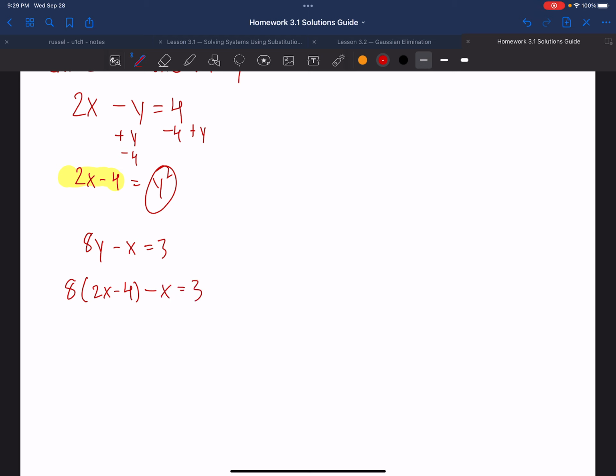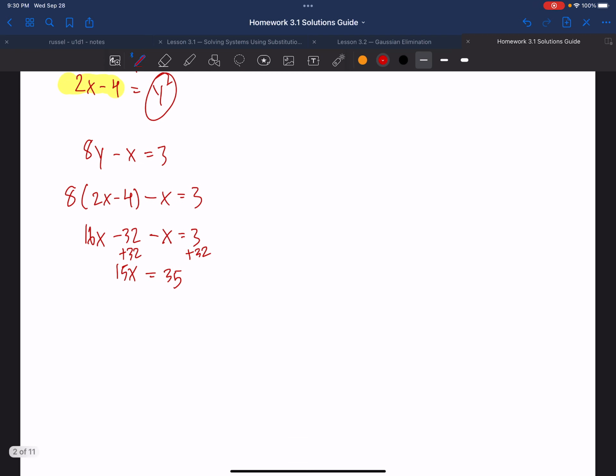Let's distribute that. 8 times 2x is 16x. 8 times negative 4 is negative 32. Minus x equals 3. I'll do some algebra 1 here. 16x minus x is 15x. And I'm going to add 32 to the other side, getting me 35. I will now divide both sides by 15.